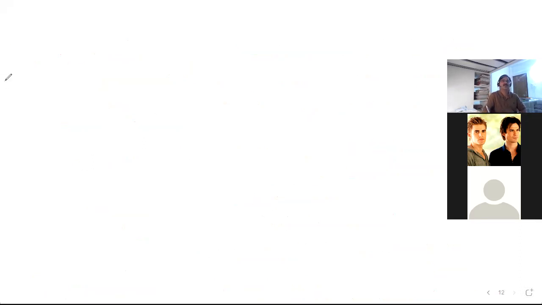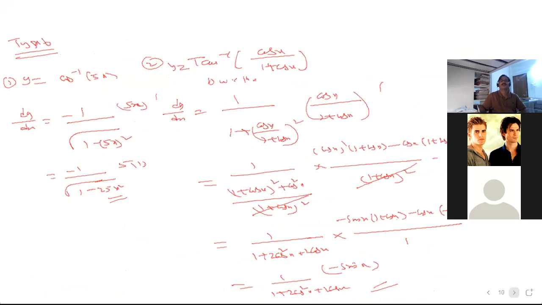So next one is type 7. Type 7 is parametric differentiation. Parametric differentiation कैसे रहता है?